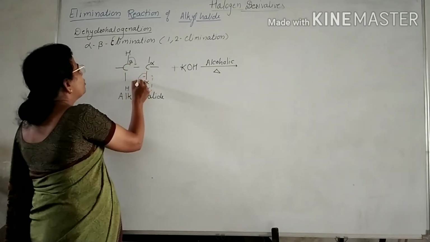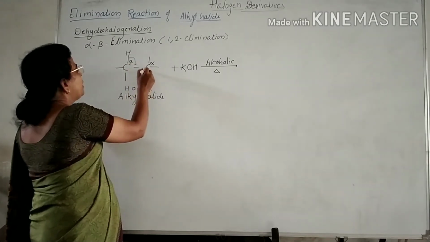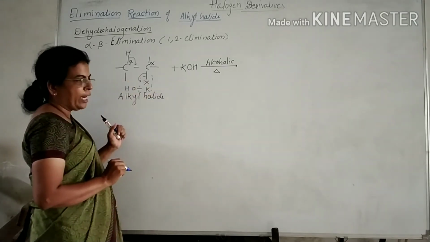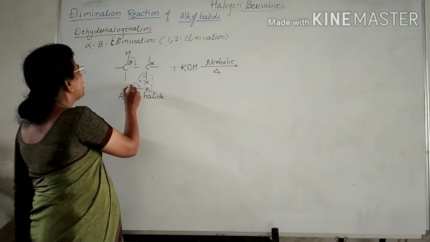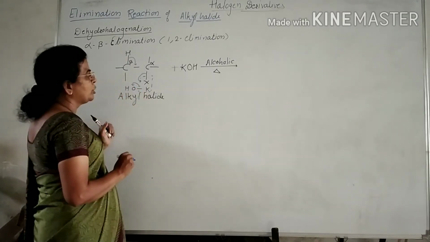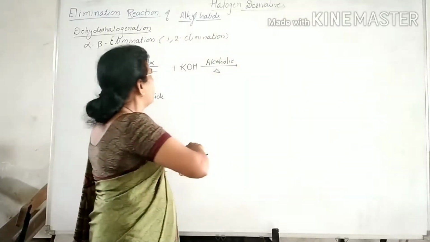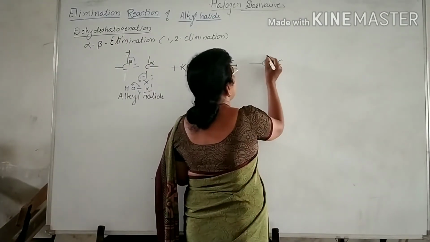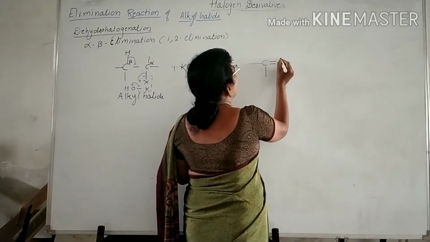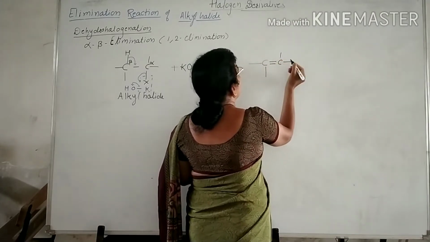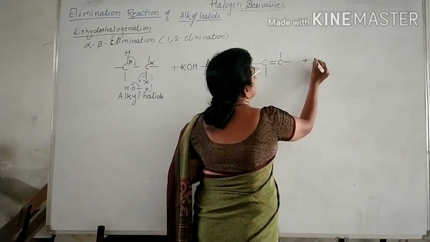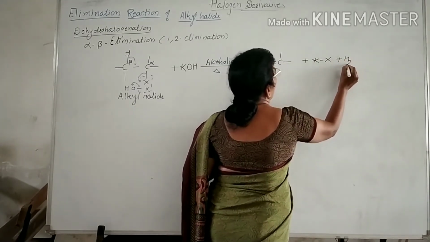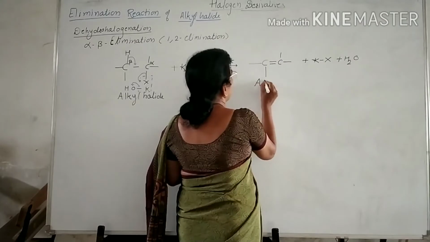This halogen atom is more electronegative, therefore it takes two electrons with itself and gets attached to potassium. Then this OH gets attached to this hydrogen atom to form alkene like this, C double bond C, plus KX plus H2O. This is alkene.